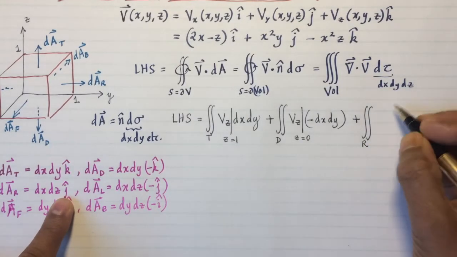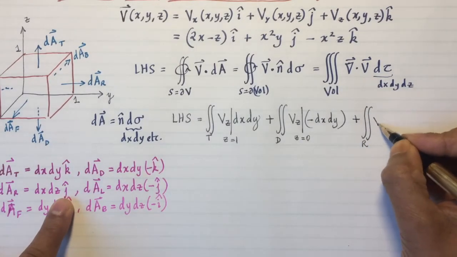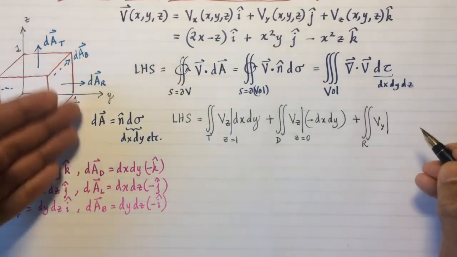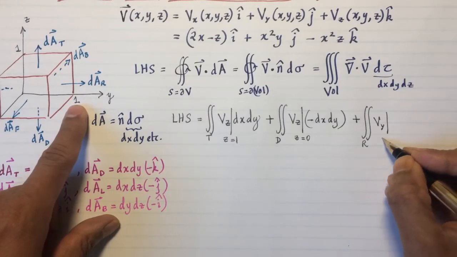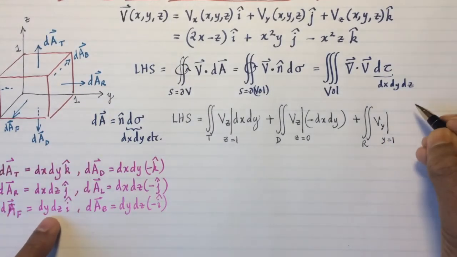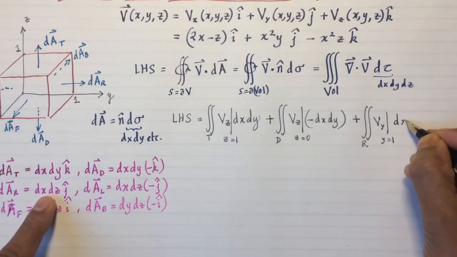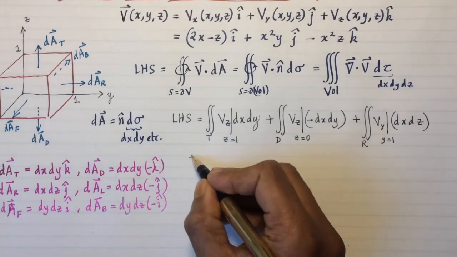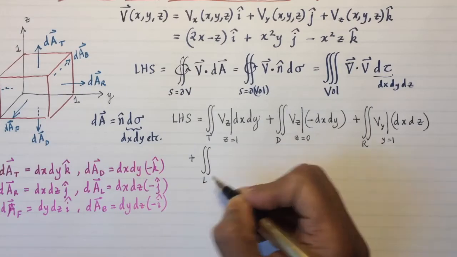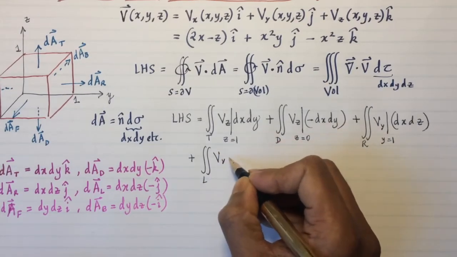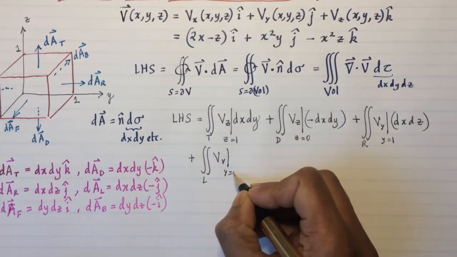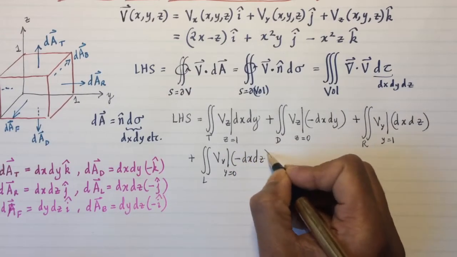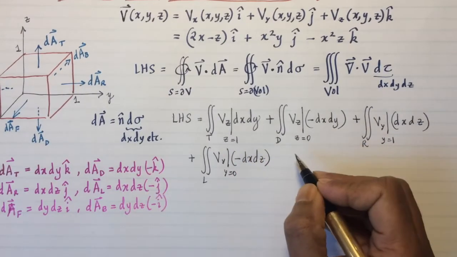On the right face, I'll have vy evaluated at the right face, which is defined by y equals 1, dx dz, and then the left face, which would be vy at y equals 0, negative dx dz, because of the negative sign there.